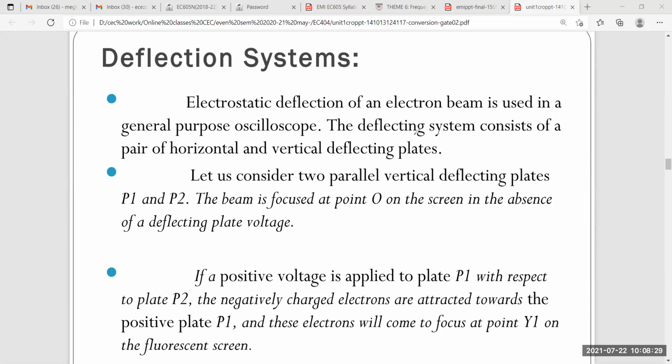These are pairs of plates, two plates each, called deflection plates for horizontal as well as vertical. You can see from the picture the positioning and how it is connected, which actually decides the position of the waveform.